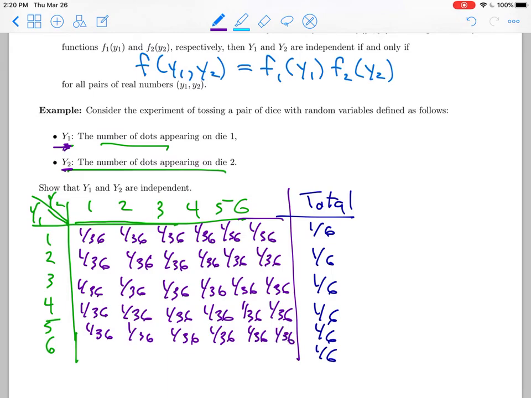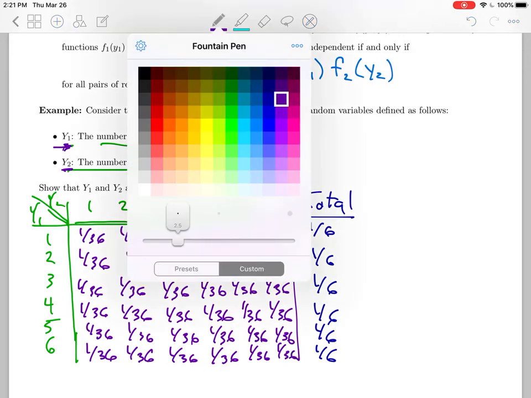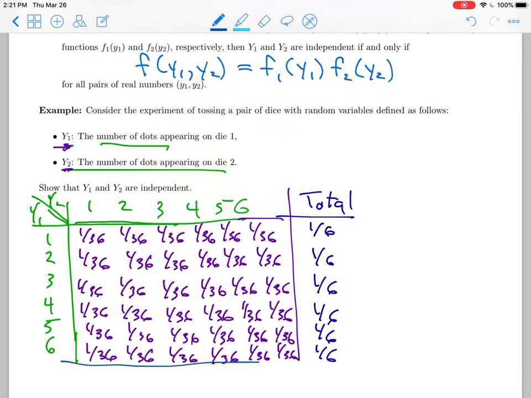For Y2, instead of taking row sums, we can take column sums. And we will notice that if we take column sums, those totals are also going to be 1/6.